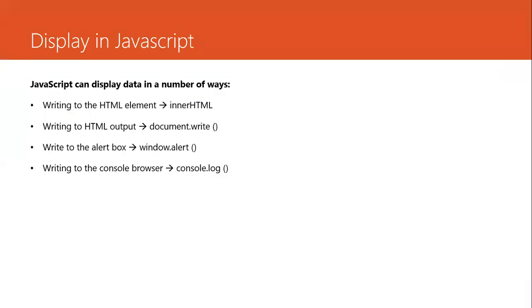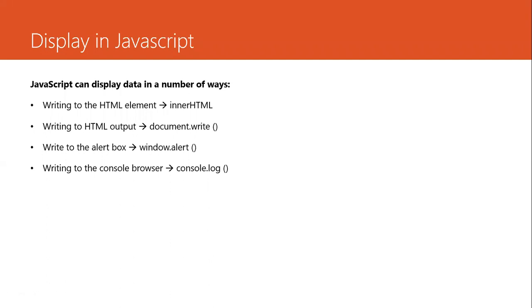show or display JavaScript programs in 4 ways. The first is we can display the data from the JavaScript language inside an HTML element. If we want to put it inside the HTML element, the function that we must use is the innerHTML function.